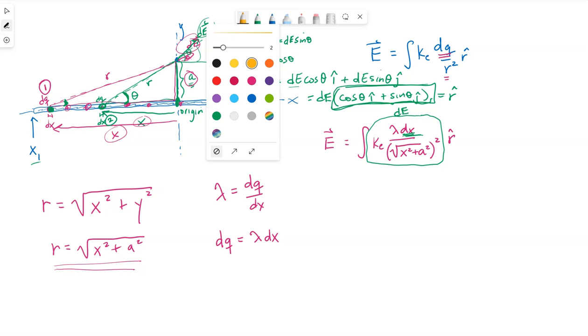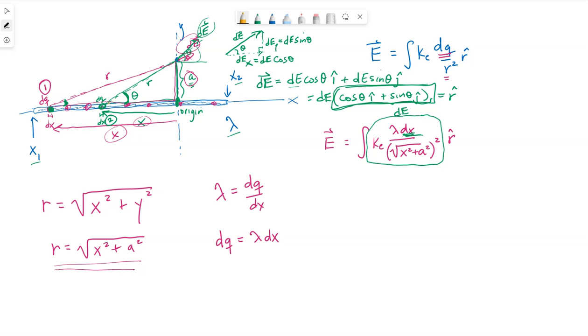So either one of these, if I was talking about this second point, again, the theta down here is the same as the angle that the electric field vector makes with the horizontal. So if we think about this triangle, just in terms of dimensions, this side is x, this side is a, and the hypotenuse is r.